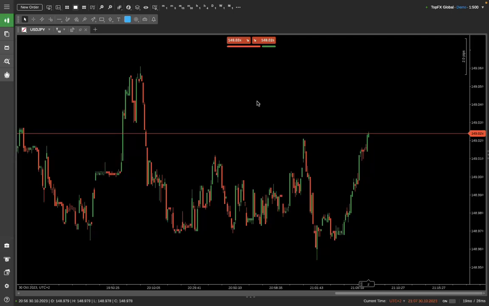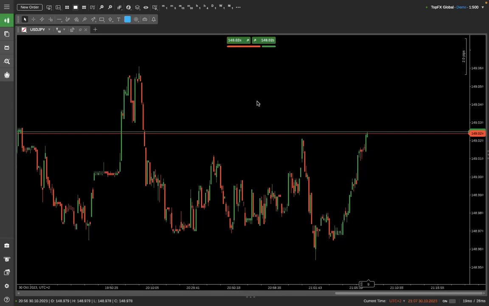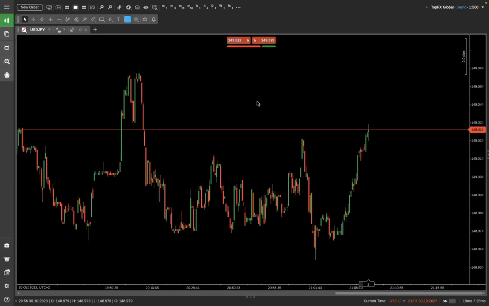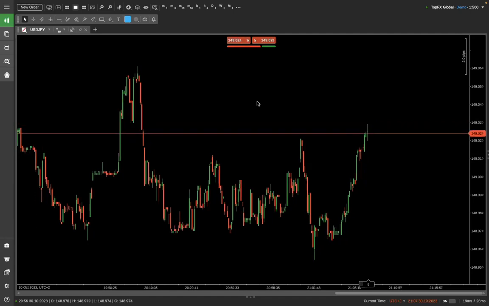No trade, no bar. This can eliminate erratic price movement seen on time-based charts. Now, what is the other advantage? Clearer market sentiment. Since each bar reflects a consistent number of trades, tick charts can provide a clearer view of market sentiment and trends, making it easier to identify prevailing market forces.